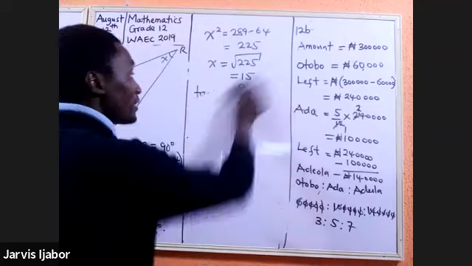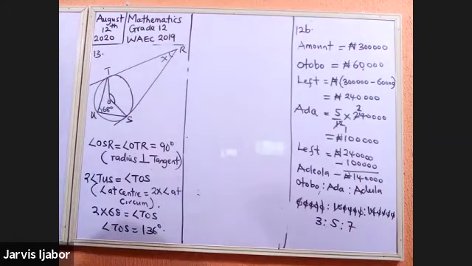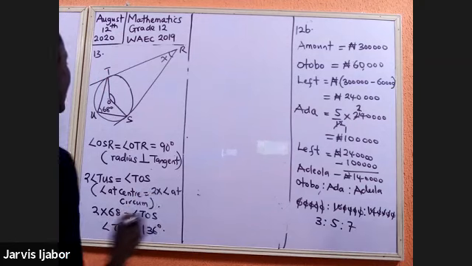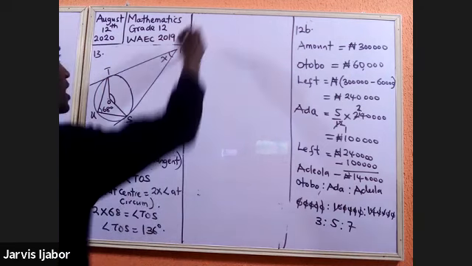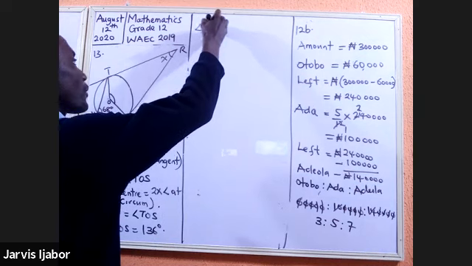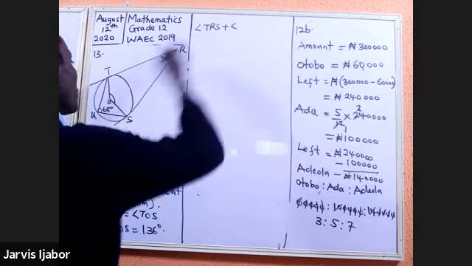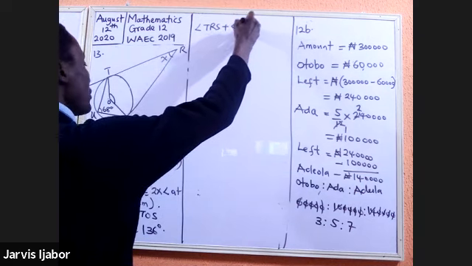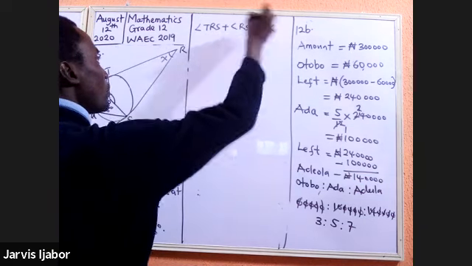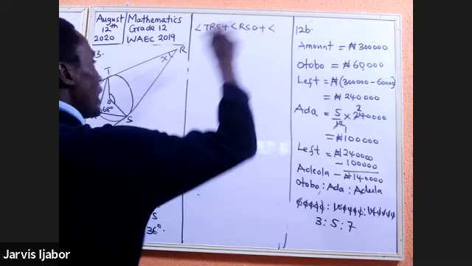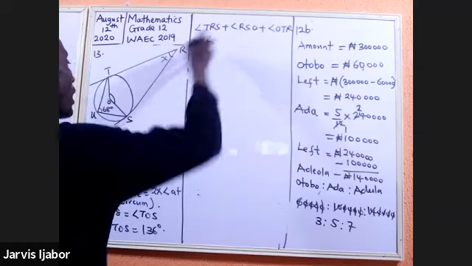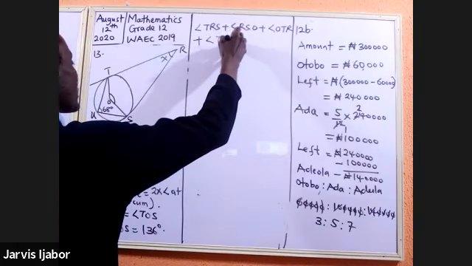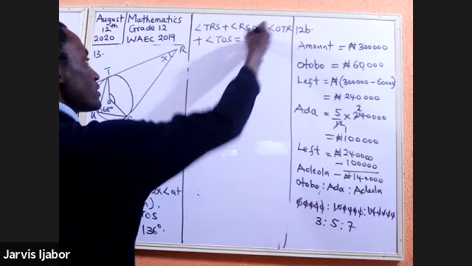The next one is this. If there's another way I usually solve that would have been easy. So look at this: angle TRS plus angle RSO plus angle OTR plus angle TOS is equal to 360 degrees.